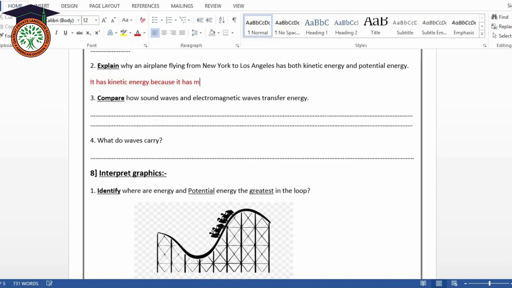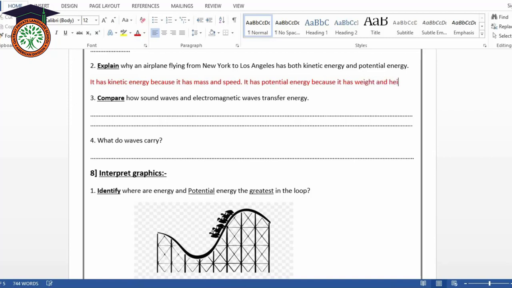So we're going to write the answer: it has kinetic energy because it has mass and speed, right? These are the two factors.